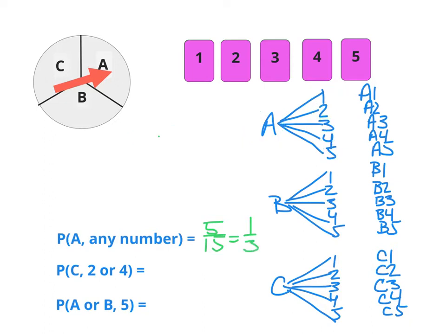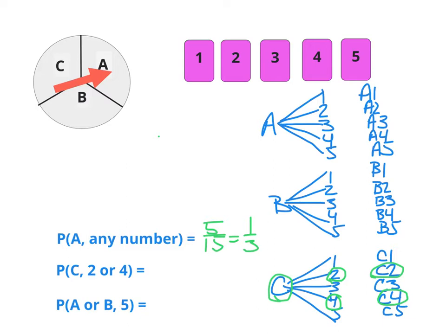All right, let's look at the next probability question. What's the probability of spinning a C and a 2 or a 4? So the probability of a C would be this set of outcomes, and I'm looking for a 2 or a 4. So I'm looking for C and then 2, or C and then 4.